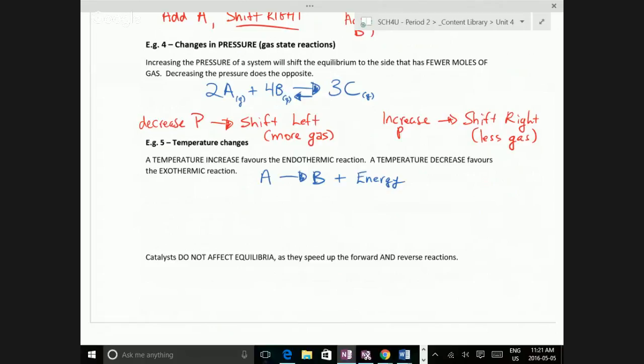So A breaks down to make B, and it releases heat energy. Now again, eventually at a constant temperature, this will reach an equilibrium. So it will reach a point where A gets produced at the same rate that B gets produced, and it's nice and steady. What would happen if I made the reaction system hotter?